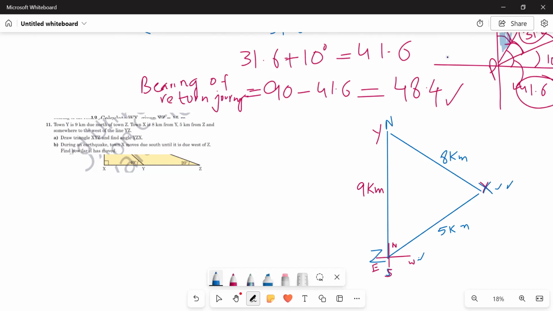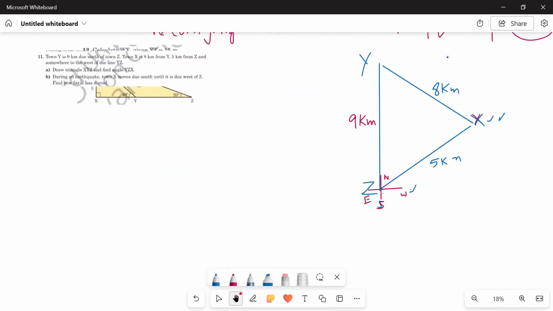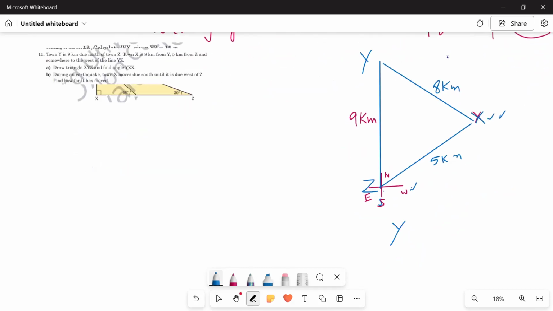Okay, now draw the triangle. We have drawn the triangle and must find angle YZX. This one is Y, this one is Z, and this one is X. When a question asks for YZX, it means we have to find the internal angle, which is the Z angle. So we have to find this angle. Is it clear?